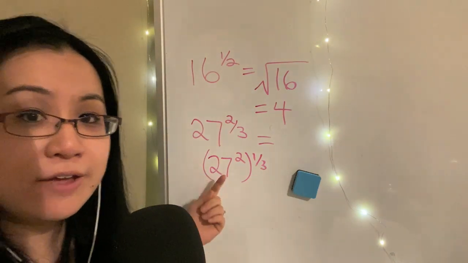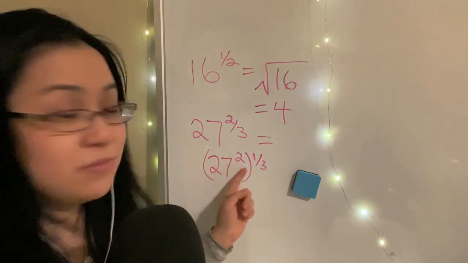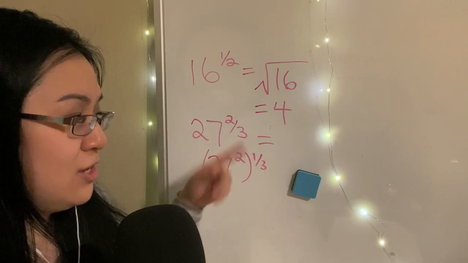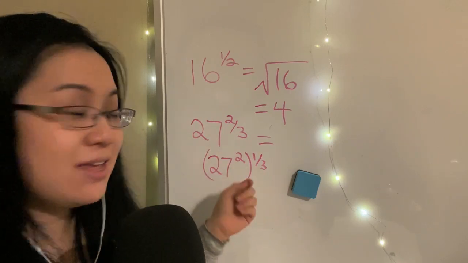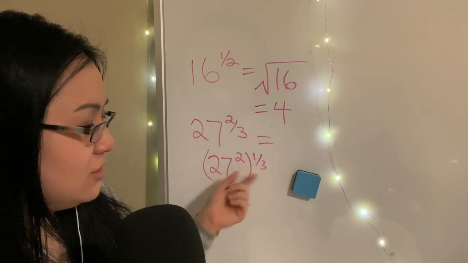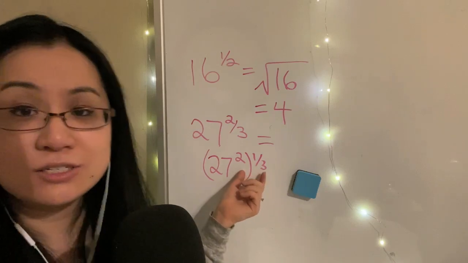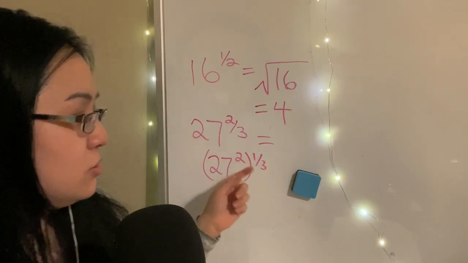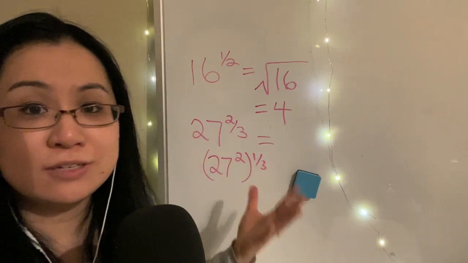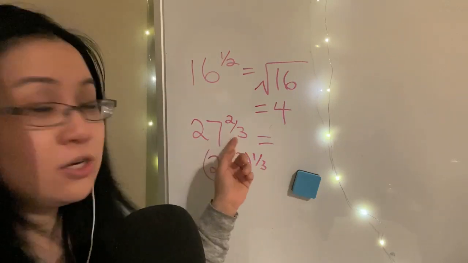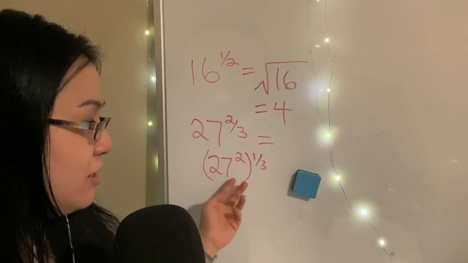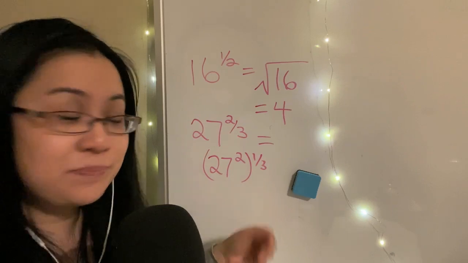If I have something to the power of something and that whole thing to the power of something else, then really the rule is that it's just equivalent to these two things multiplied. So 2 times 1/3, just as fractions multiplied, is 2/3. So I can break it up into something like this.